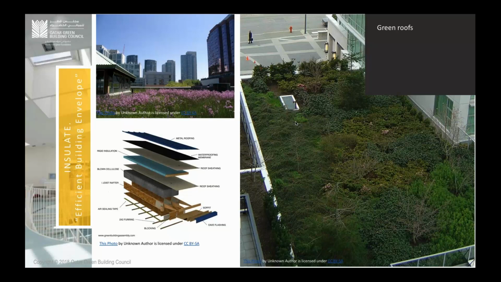Green roofs have multiple benefits, not just acting as an excellent thermal insulator, but also having several synergies with other categories in rating systems like LEED: stormwater management, providing open spaces, access to the exterior, and wellness and well-being of the occupants, in addition to water efficiency and rainwater capture. So it has lots of benefits that you can make use of if you go for a green roof in your building.